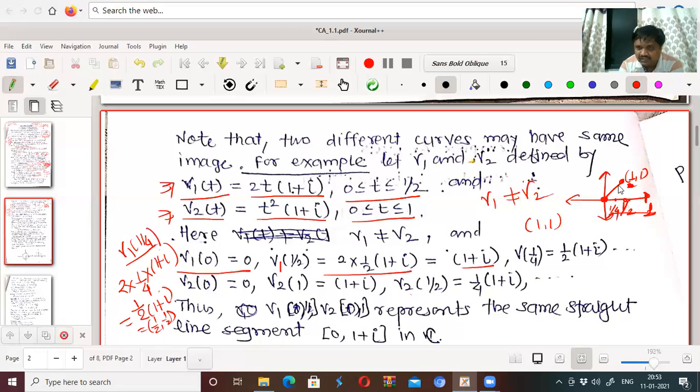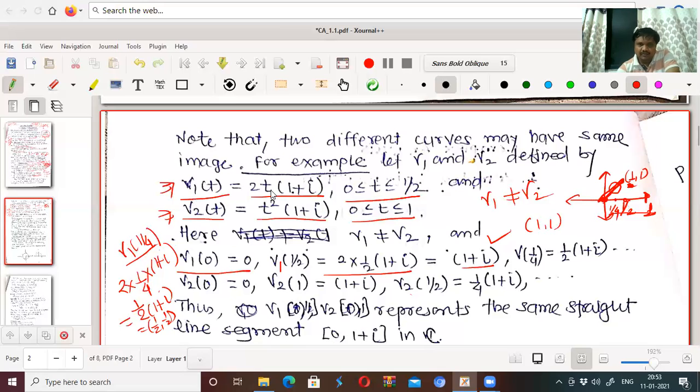X coordinate is same as y coordinate. So you will get a straight line which joins 0 to 1 plus i, means 0 0 to 1 1. The image of this gamma 1 is a straight line from 0 0 to 1 1, or complex number 0 to 1 plus i.